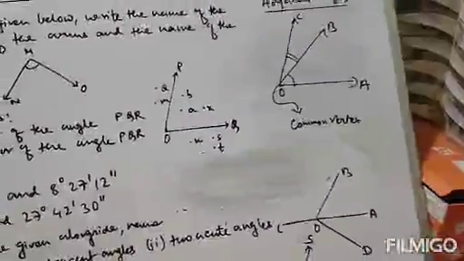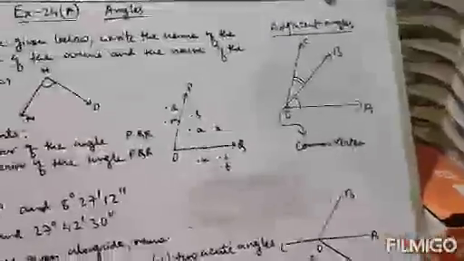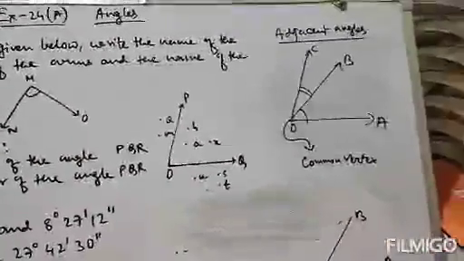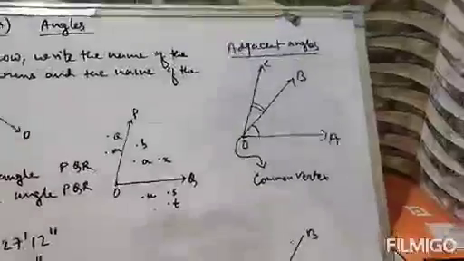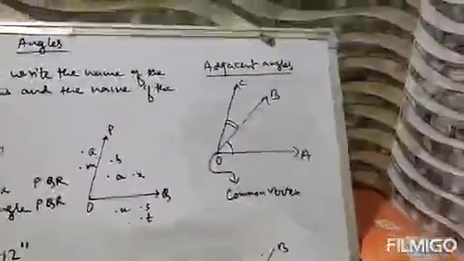Number 3 criteria: except the common arm, the other 2 arms should be present on the opposite sides of the common arm.